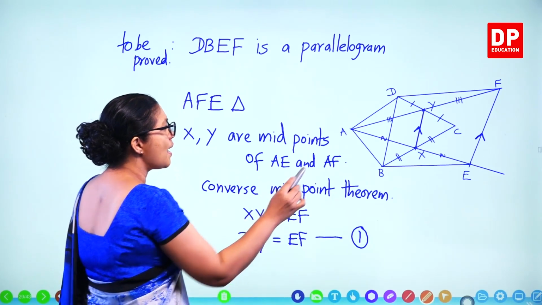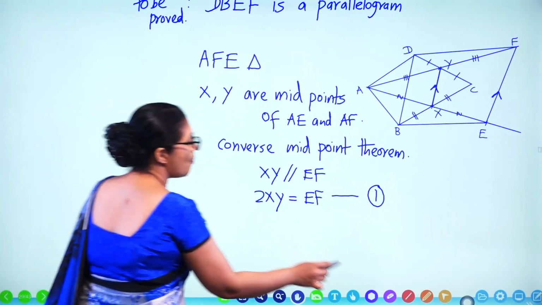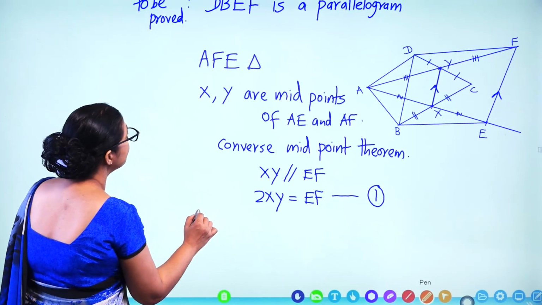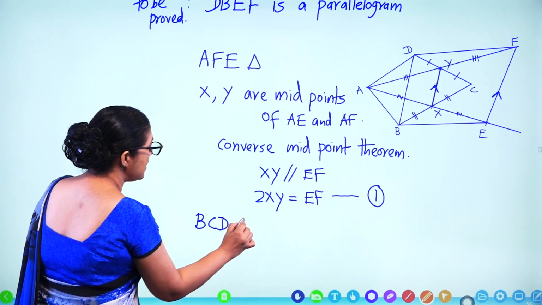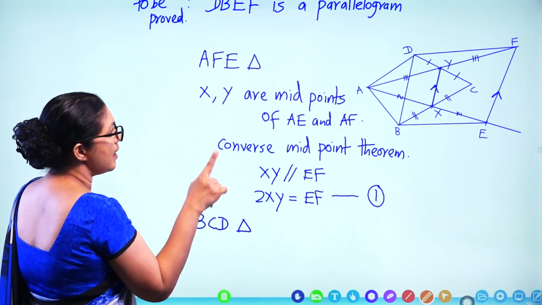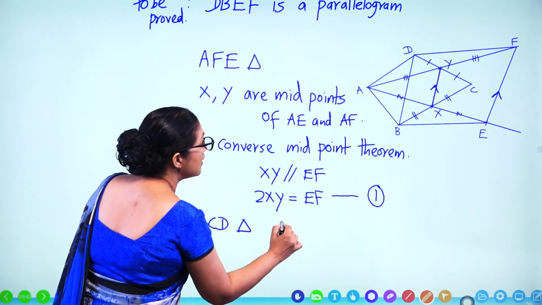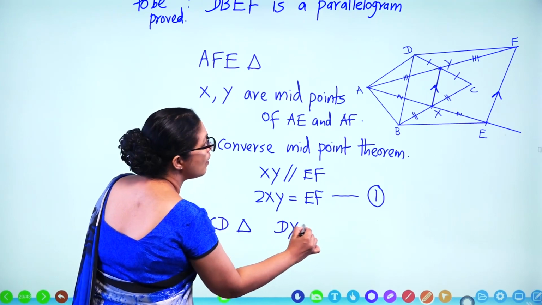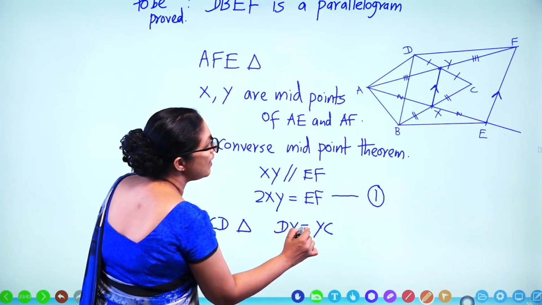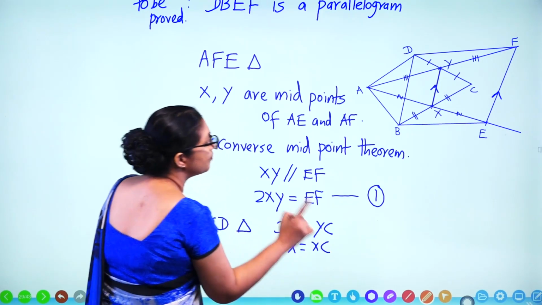Now we'll take BCD triangle. What can you say about BCD triangle? In BCD triangle, again, Y is the midpoint of CD. You can say DY equals YC. Then BX is equal to XC.